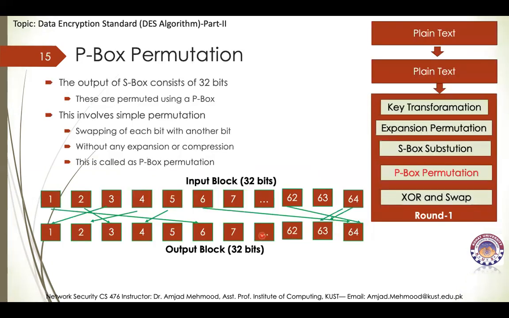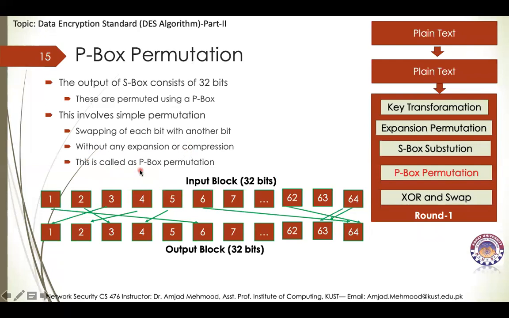Now the P box permutation. The output of the S boxes consists of 32 bits. This is processed using a P box. This involves a simple permutation, swapping each bit with another bit without any expansion or compression.